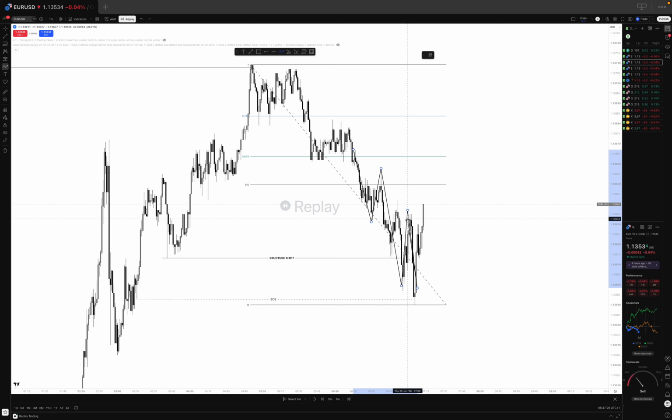But I won't count this as a proper range because there was no liquidity to it. So I move my structure upward to have this as a high, a low, a high, a low, a high, then before this low. With that in mind, I mark this high as my inducement.